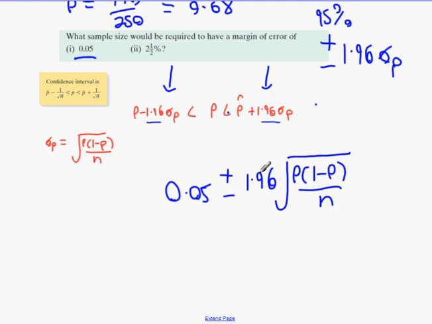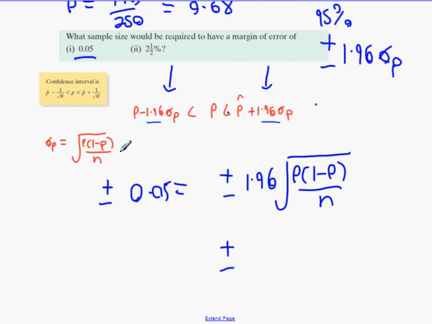So 0.05 is our margin of error. So plus or minus 0.05 must be equal to plus or minus 1.96 times the square root of p(1 minus p) all over n. Is that right? Now we keep the p-value of our statistic found in the first one.